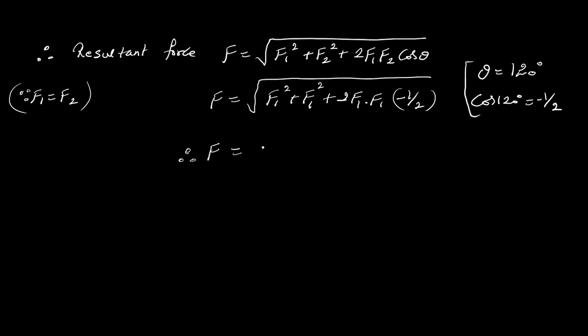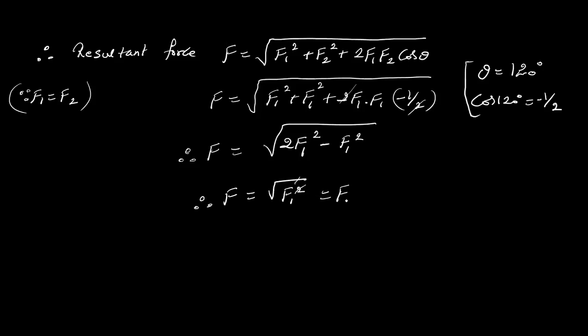Therefore F is equal to 2F1 square minus F1 square, the 2 and 2 cancel out. So F is equal to the square root of F1 square, the square and square root cancel, and we get the F1 value. Therefore, the resultant force is also 15 into 10 power minus 5 Newton.